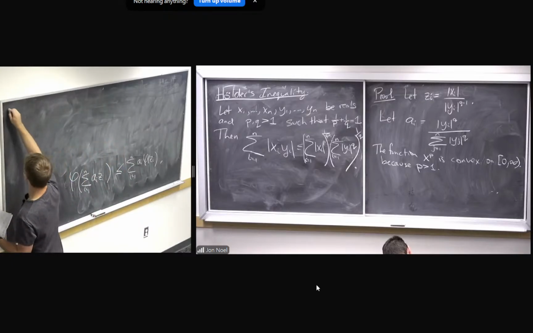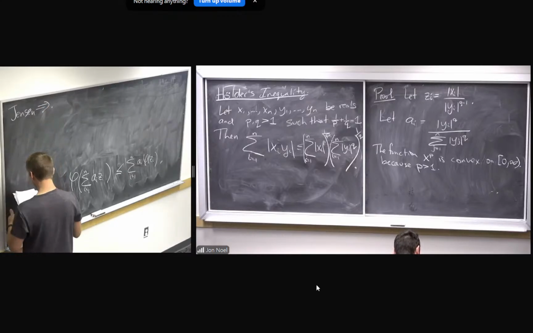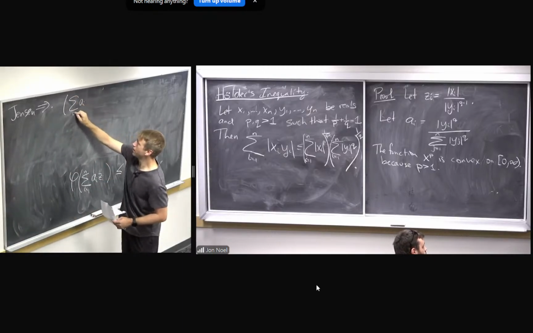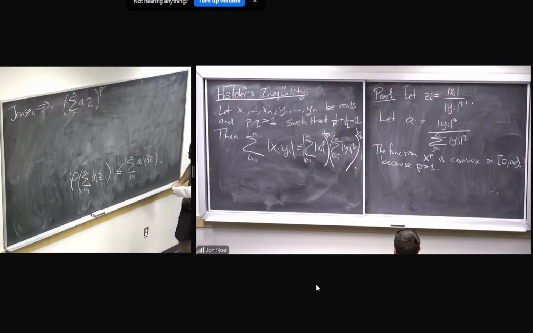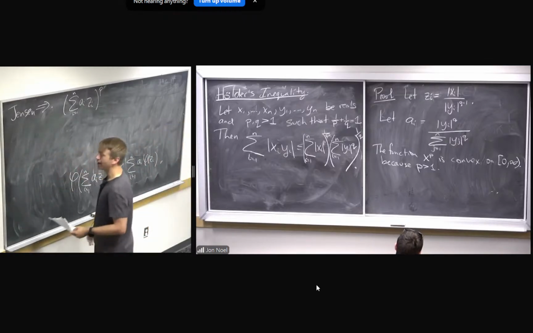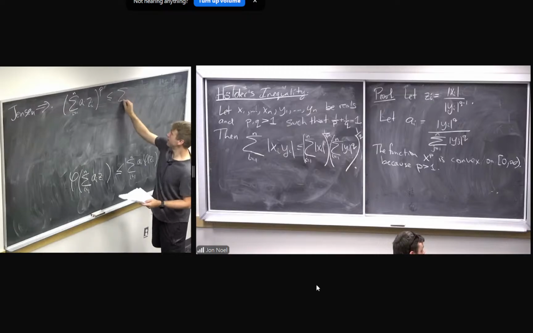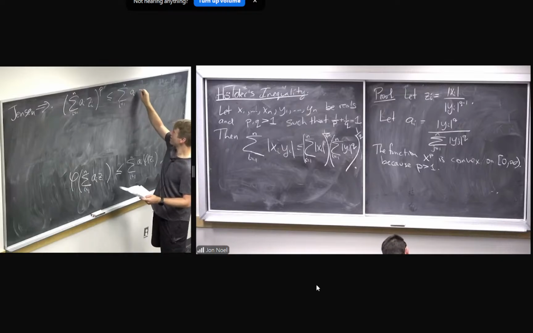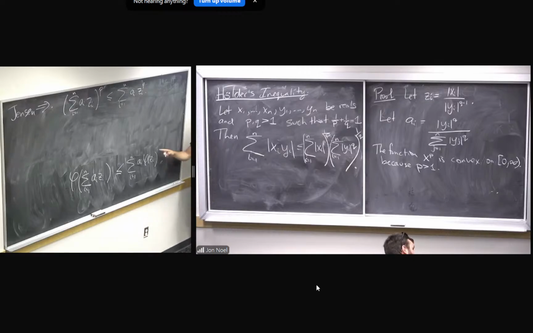So Jensen implies that if I take phi of the sum of the ai zi's, which means raising it to the p, so I'm using phi being the function x to the p, that's supposed to be at most the sum of ai times phi applied to zi.